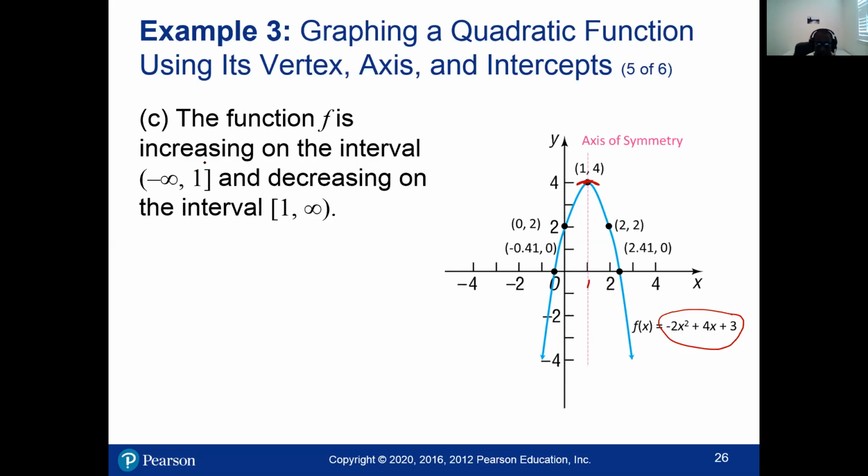Remember, I prefer using parentheses, though MATLAB will accept brackets or not. For consistency, from negative infinity to 1 using parentheses, but here we can use the closed bracket, which is acceptable for this class. And then it decreases otherwise.